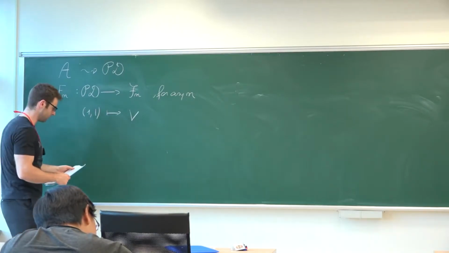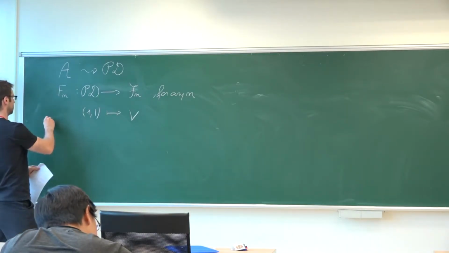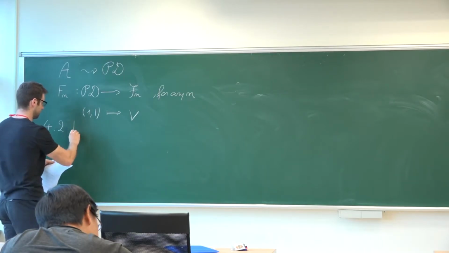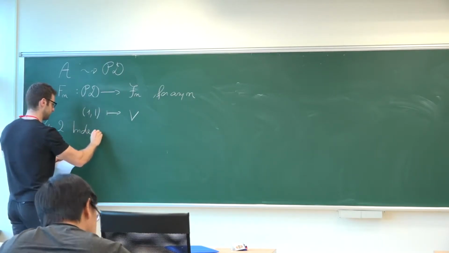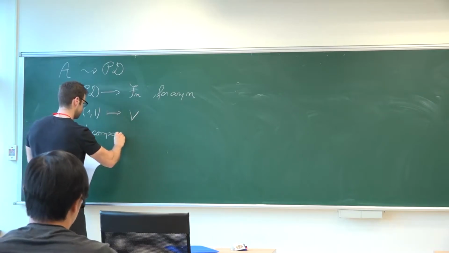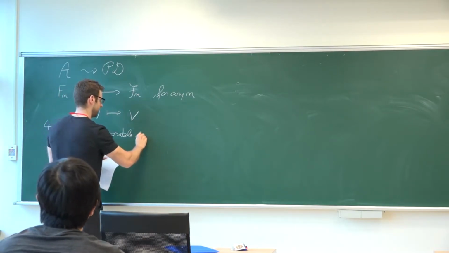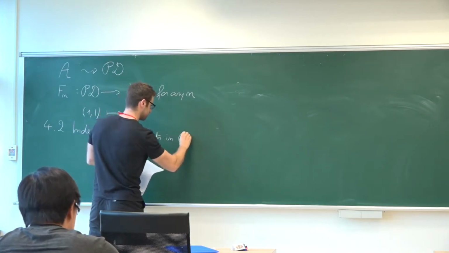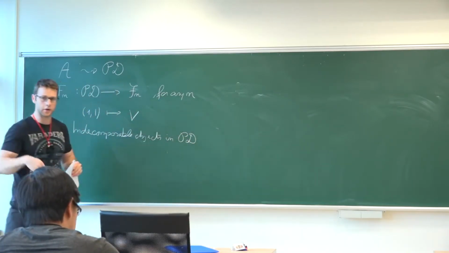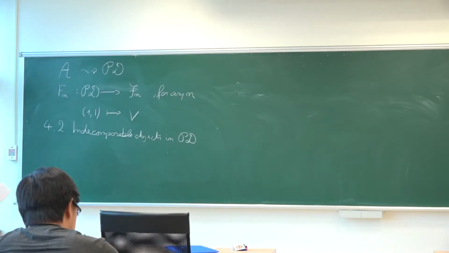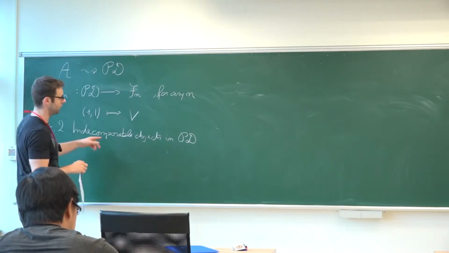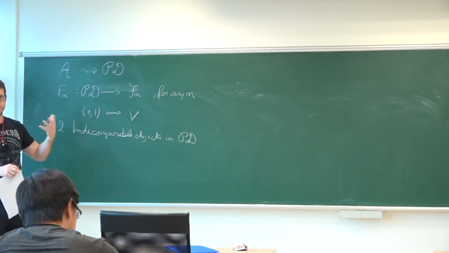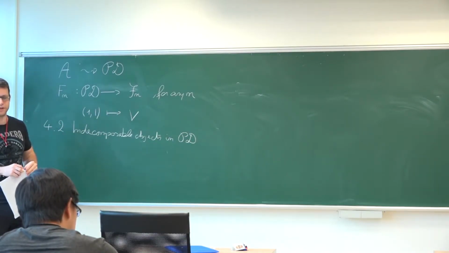So the first thing I want to discuss about the paraplectic linear category is the indecomposable objects in that category. Because remember, one of the motivations I gave to introduce this category is to classify indecomposable modules appearing in tensor powers.